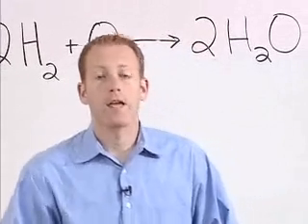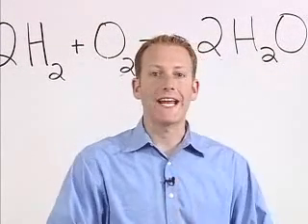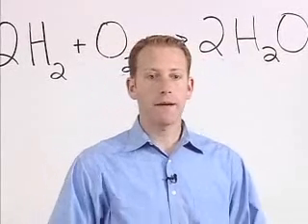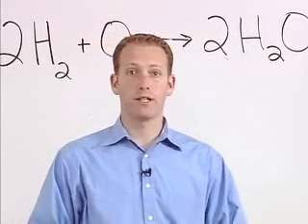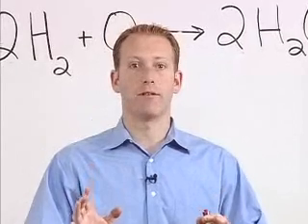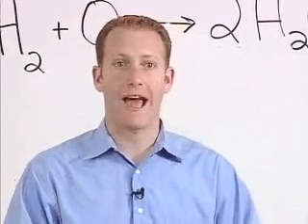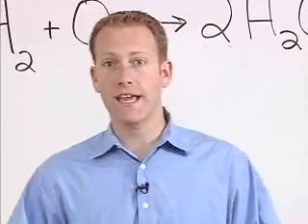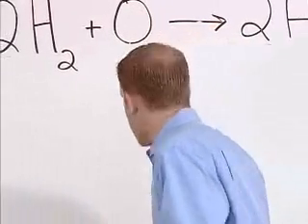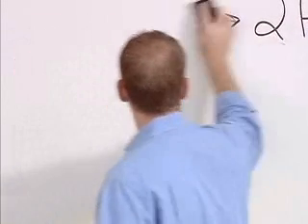Okay. Now we're going to talk about writing formulas. Sometimes people have problems with writing formulas, but it's actually pretty simple. Writing formulas can be easy as long as you know the rules for how to write formulas. Let's say we want to write the formula for something like calcium chloride.